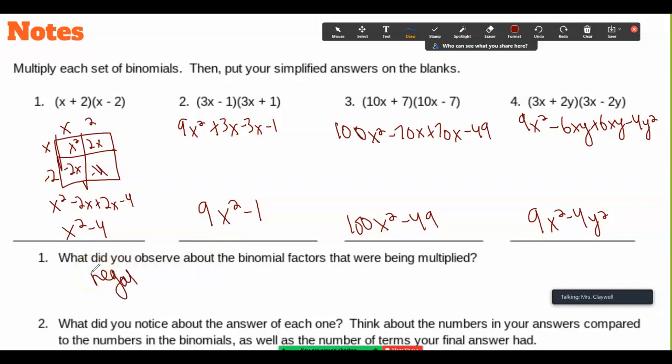We had a negative sign between like an x squared minus some number.